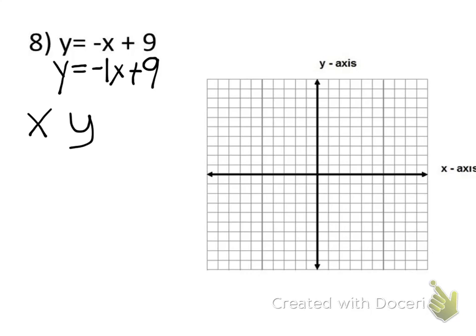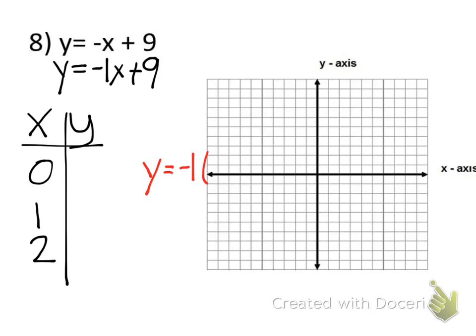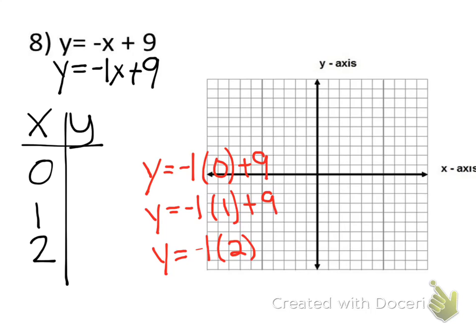All right, here's my xy. What am I plugging in for x? 0, 1, and 2. So I have y equals negative 1 times 0 plus 9. y equals negative 1 times 1 plus 9. And y equals negative 1 times 2 plus 9.